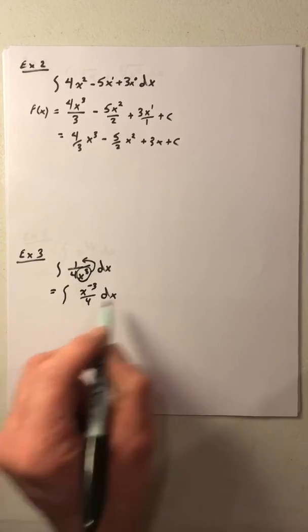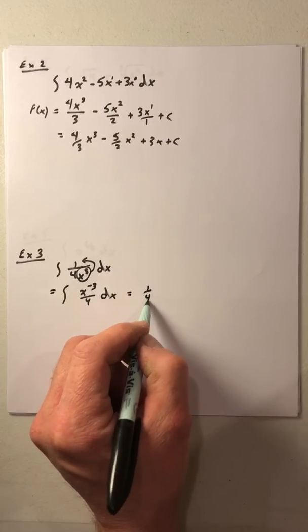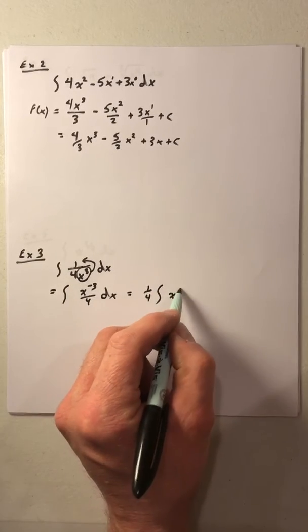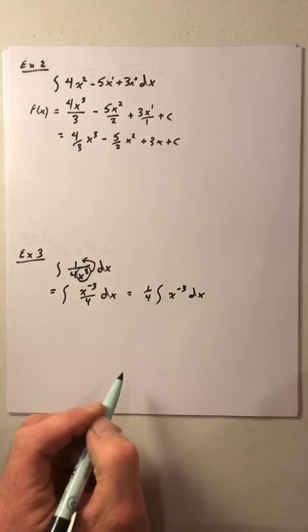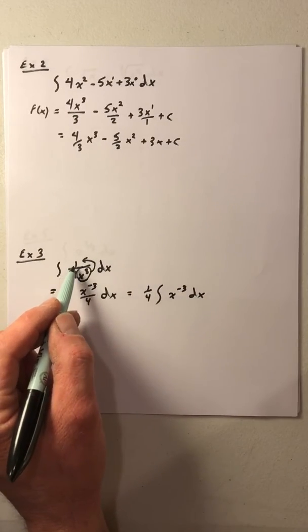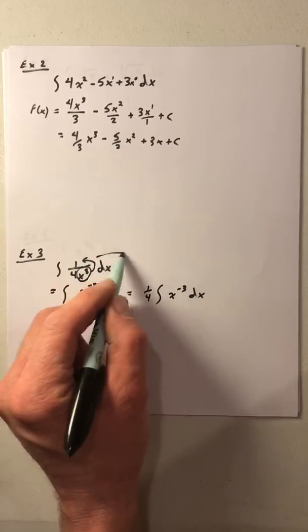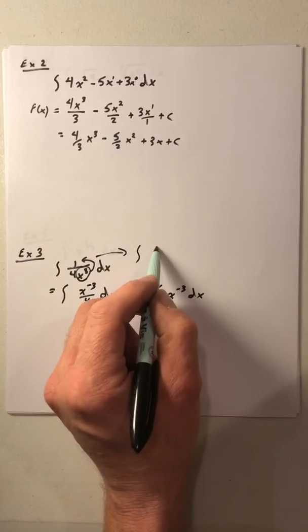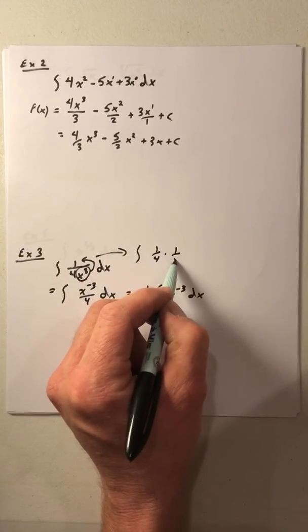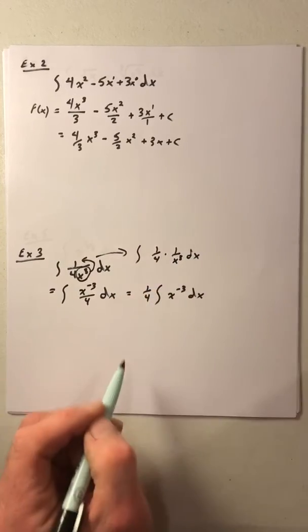We could really also write this as 1/4 the integration of x to the negative third dx, because we could separate this original integration into 1/4 times 1 over x to the third dx.